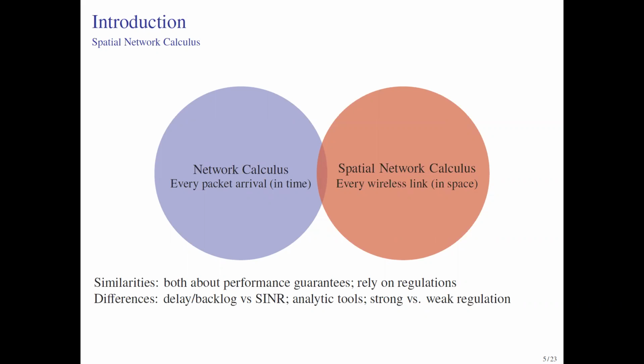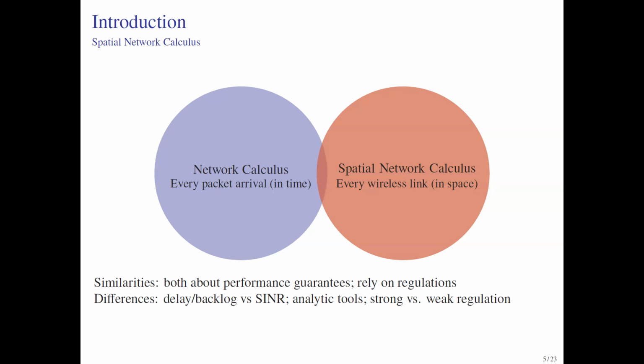For instance, the performance metric that we are interested in network calculus is the delay and backlog of the system, and in spatial wireless network calculus, we care about the signal to interference and noise ratio, which is the key to determining the wireless service curve.